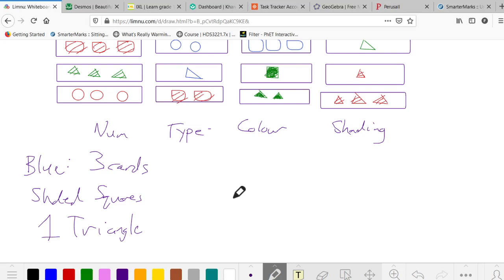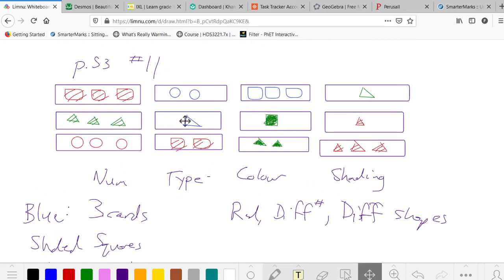We could have a set with 3 different, so all red, but different numbers and different shapes. So if we do that, we have only 1 red card with circles on it.